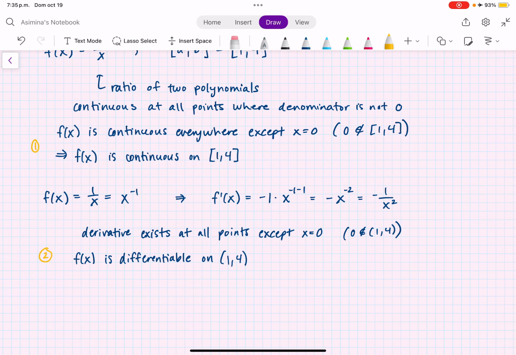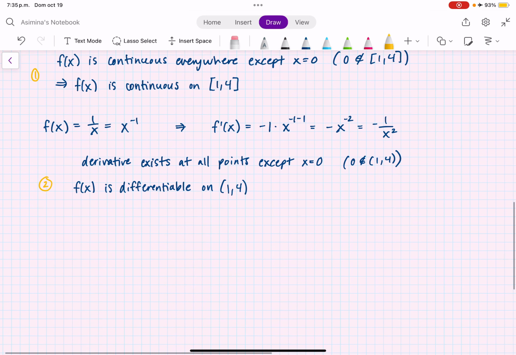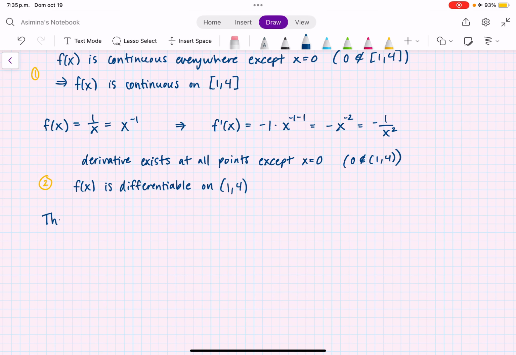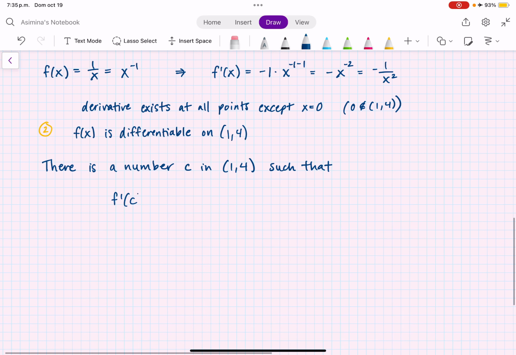So now we know that there exists some c, there is a number c in the open interval 1, 4 such that f prime of c equals f of 4 minus f of 1 all over 4 minus 1. And the second part of the question is asking us to find all numbers c for which this is true.